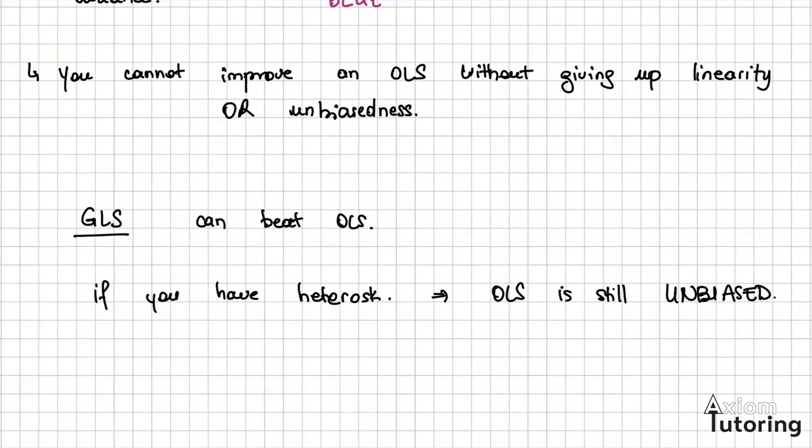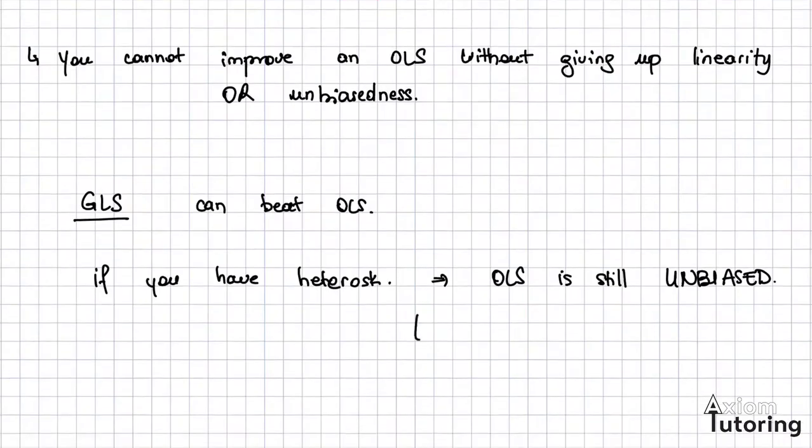Okay, so one of the two characteristics for which we love the OLS is still holding. However, the second one, which should be precision, is not fulfilled. Okay, so it means it's not the best.